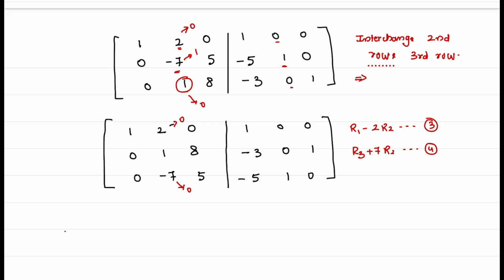Now I will write the augmented matrix directly. Now you just see R1 minus 2R2. In R1, the first column already has 0s, so whether you do the operation with R2 in the first column, it is not going to make any difference. For that only we made these zeros first.